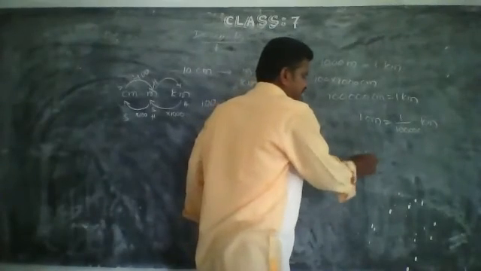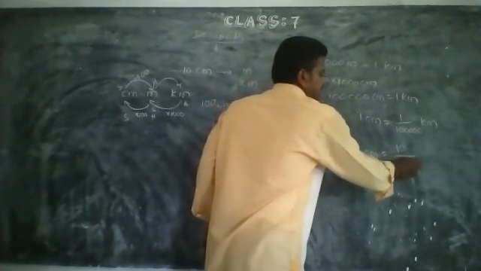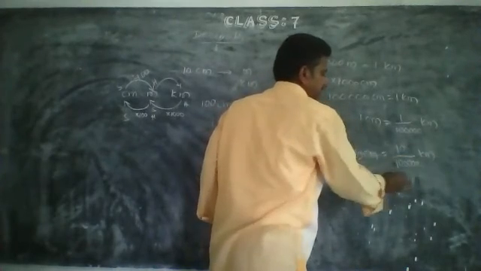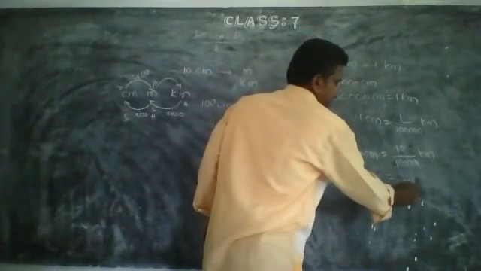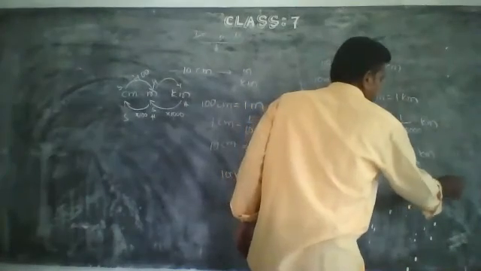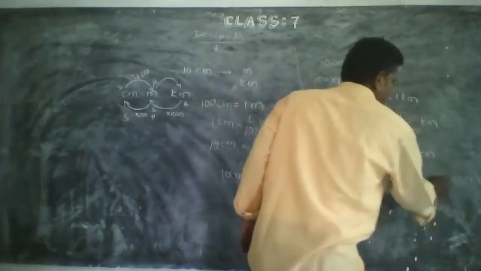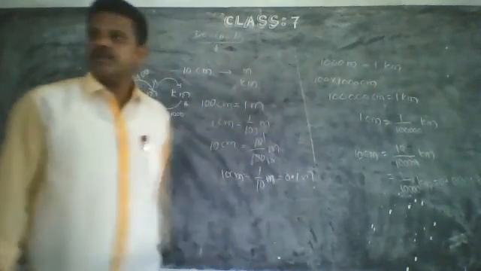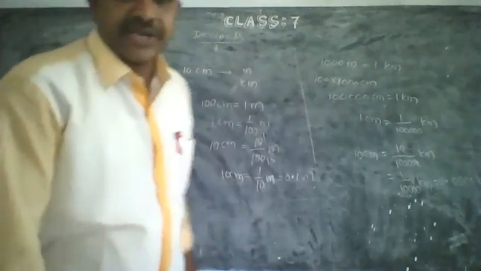Now 10 centimeters, 10 by lakh kilometers. Cancel a zero: 10 by 10,000 kilometers, or 0.0001 kilometers. This is all about it. Okay.